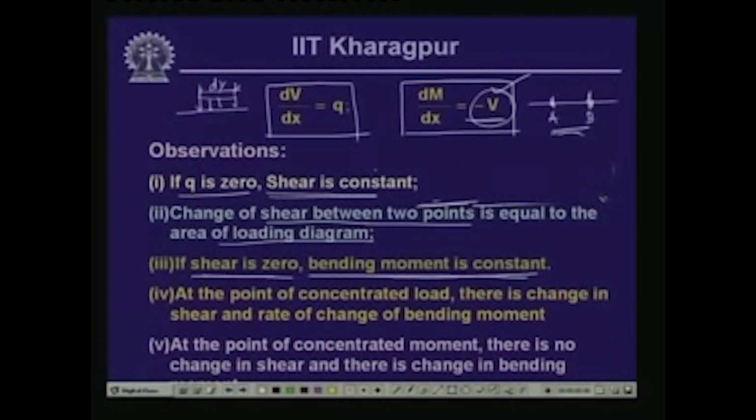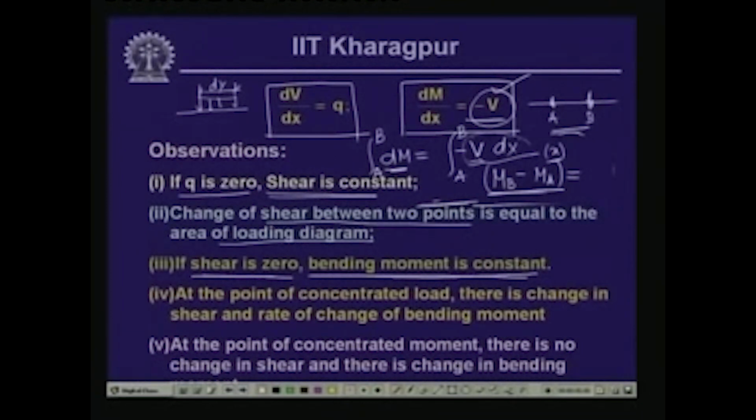Here if you integrate again, integrate dM over the region A to B, this equals integral of minus V dx from A to B. Here integral dM from A to B is the bending moment at B minus bending moment at A. So, the differential bending moment between B and A is nothing but this integral, and V could be a function of x as well.